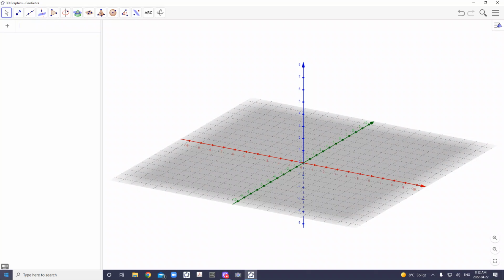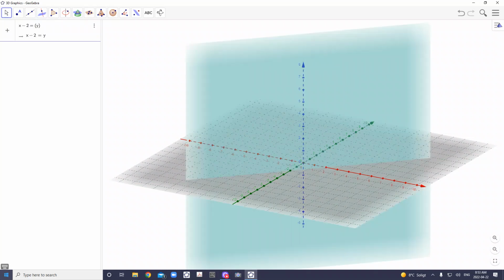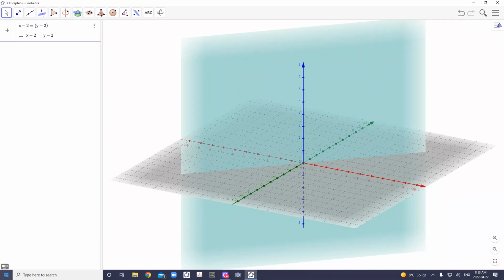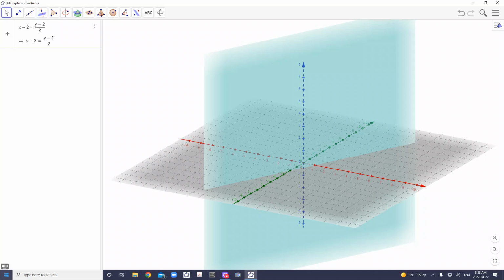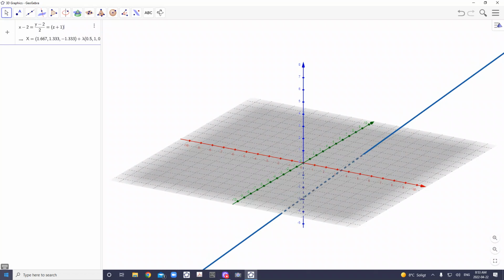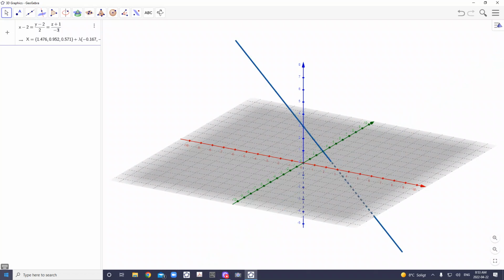The first line, which was D, the equation was x minus 2 equals y minus 2 divided by 2, is equal to z plus 1 divided by -3. So that is your first line, okay?